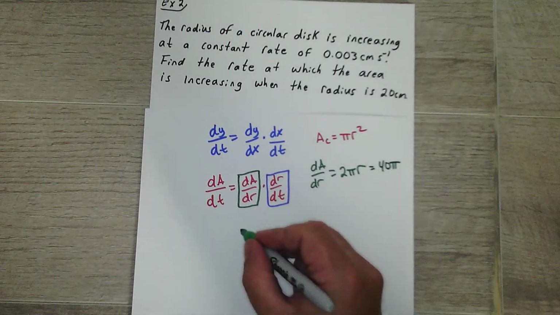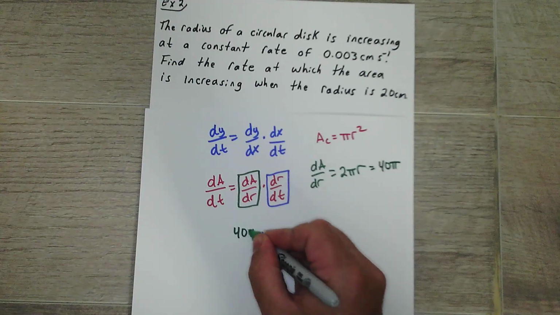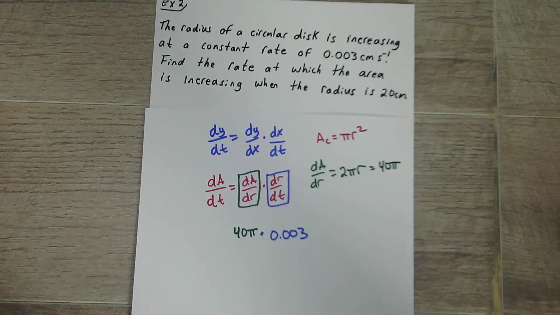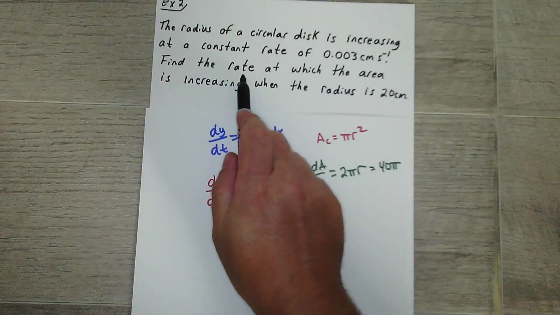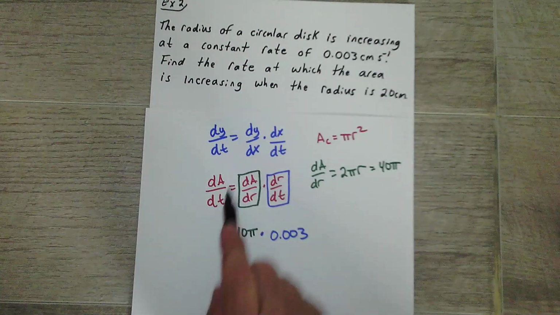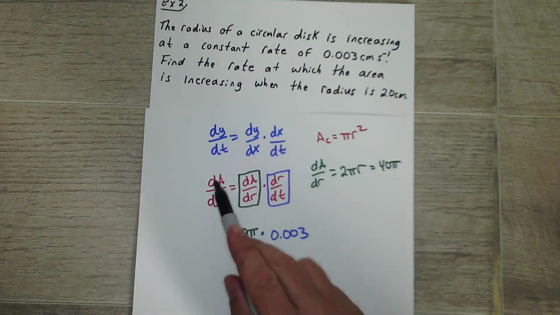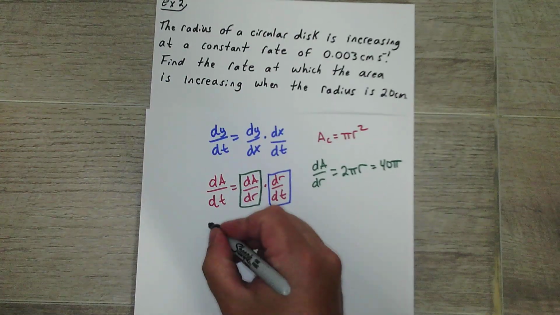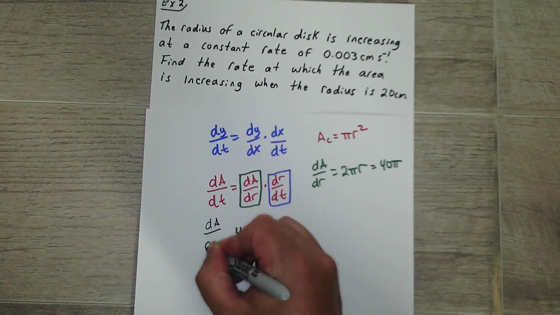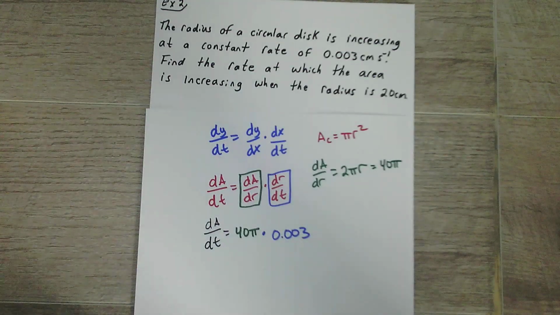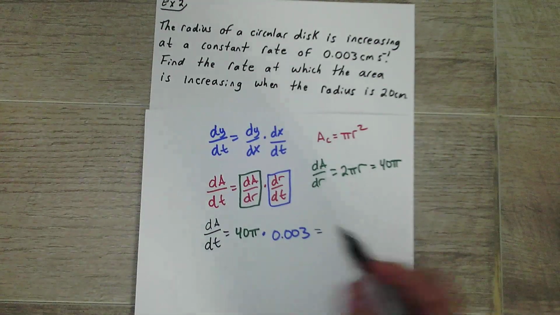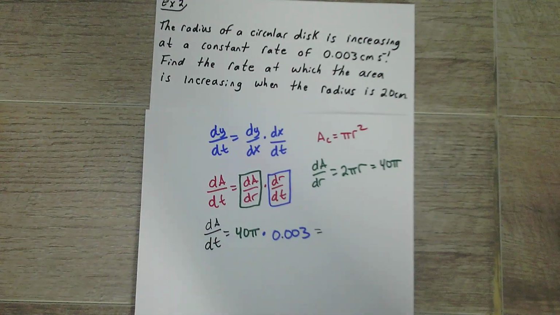Okay, so that goes here. So that means we're probably trying to find this one. So let's make sure. Find the rate, so that's dt, at which the area is changing. So yeah, we're trying to find dA/dt. Okay, so now it's as simple as just doing 40 pi times 0.003.